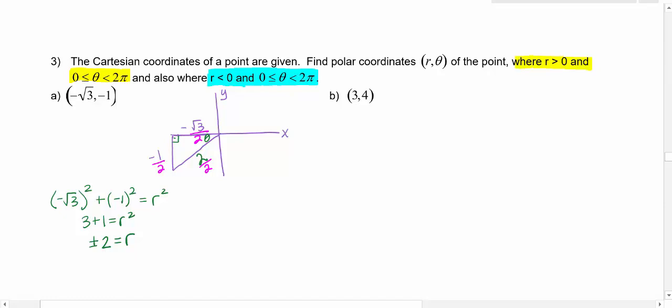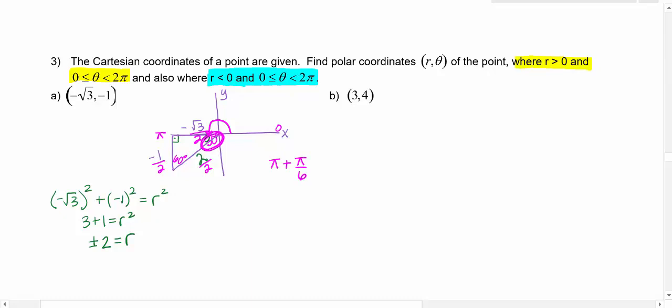and there are my special sides that I should know. Opposite of 1/2 is always a 30 degree. Opposite the root 3 over 2 is always the 60 degree. But you're always going to be talking about that angle formed with the pole or the origin. So the way that I get there is I go to pi, right, because I start at 0. I rotate to pi, and then I go 30 additional degrees, or pi over 6.